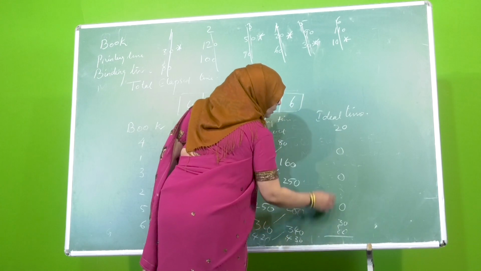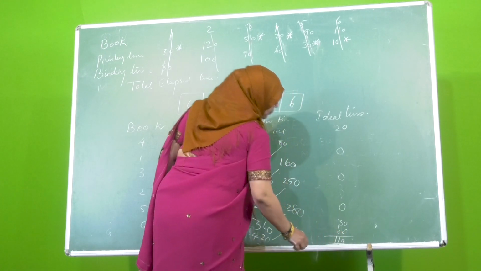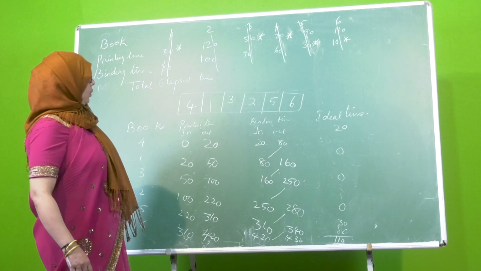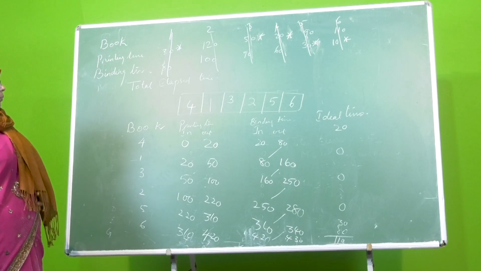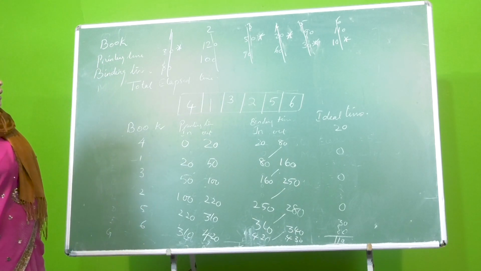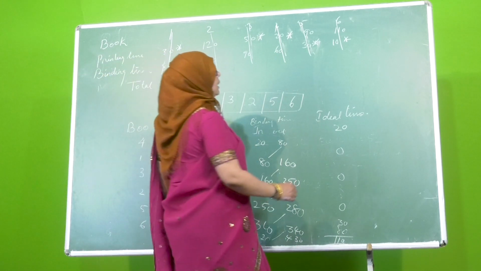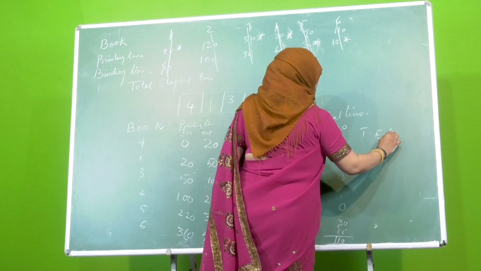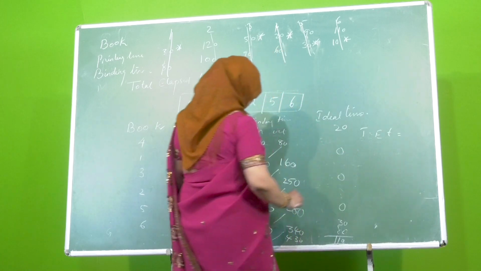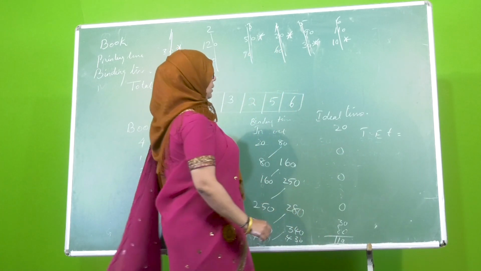The total value is 110. Okay. So what is the total elapsed time? That is 430 hours.